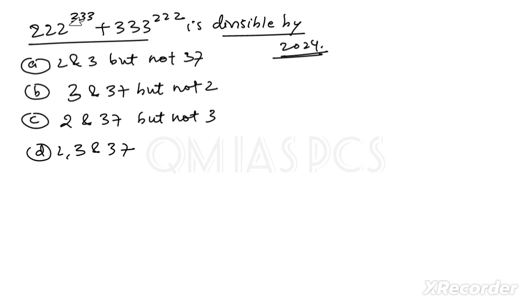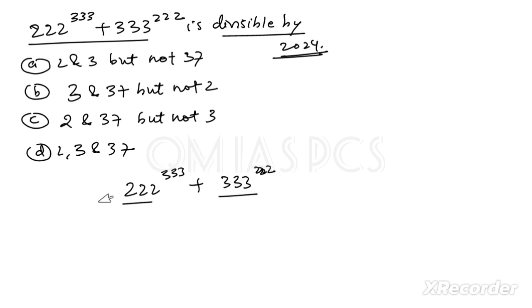Whenever we have to find by which number something is divisible, we have to find the common factor in both. So let's write 222 power 333 plus 333 power 222. We have to make a common number.